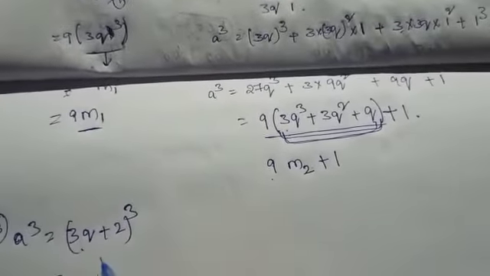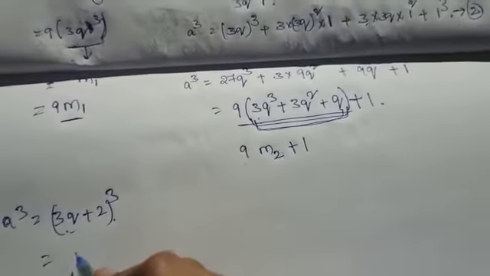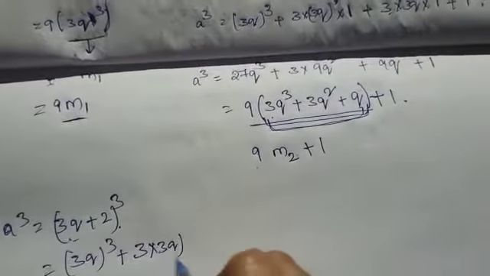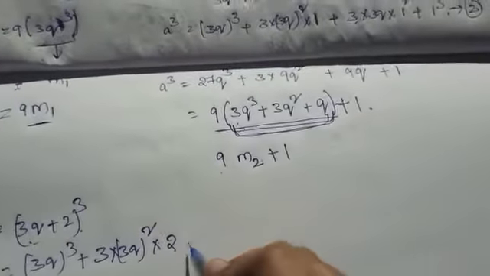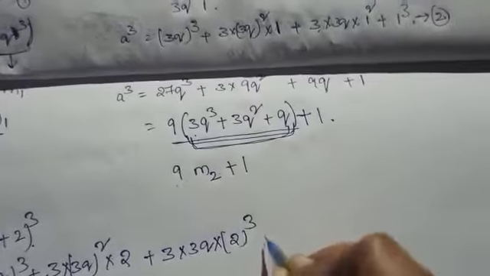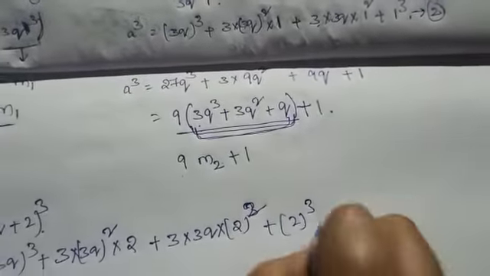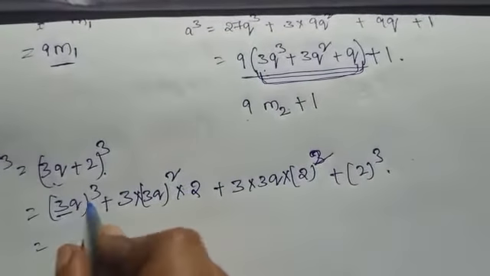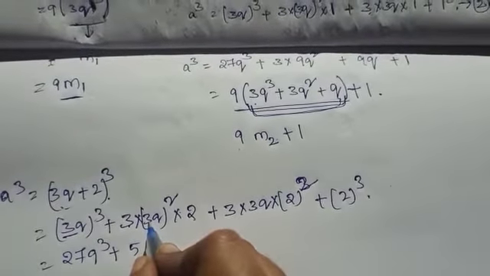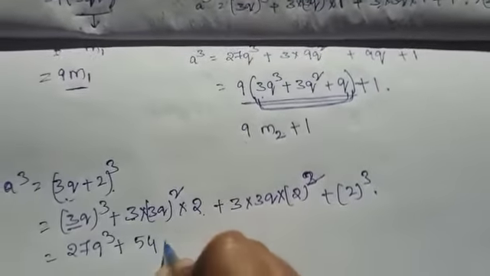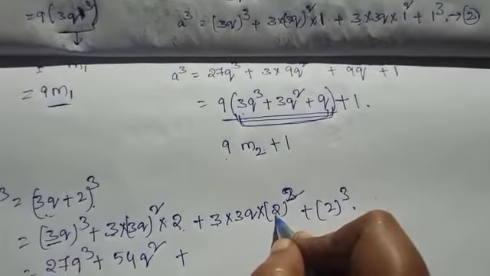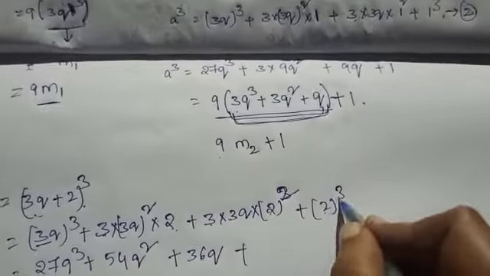So write it in the form of a plus b whole cube. a cube: 3q whole cube plus 3a square b, here a is 3q whole square, b is 2, plus 3a into b square, b is 2, plus 2 cube. 3 cube is 27, 9 cube. 3 square is 9, 9 times 3 is 27, 27 into 2 is 54q square. 3 into 3 is 9, 9 into 2 square, 4, 9 times 4 is 36q, plus 2 cube is 8.